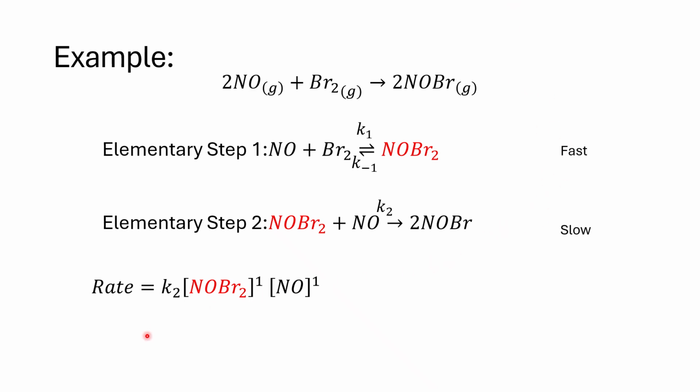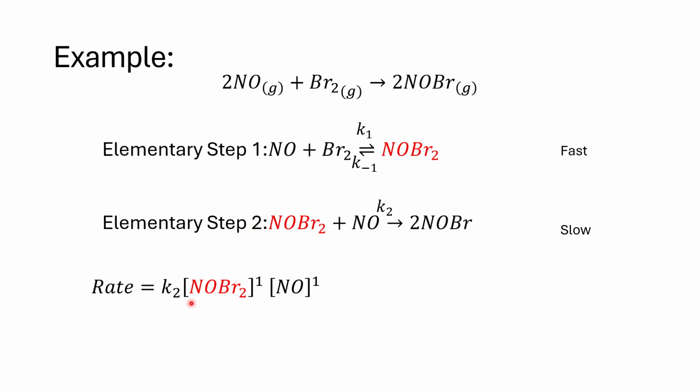And we can write the rate law as equal to k2 multiplied by the concentration of NOBr2 to the power of 1, where the order is 1, multiplied by the concentration of NO to the power of 1. Okay, so this rate law involves NOBr2, which is the intermediate in this whole reaction.